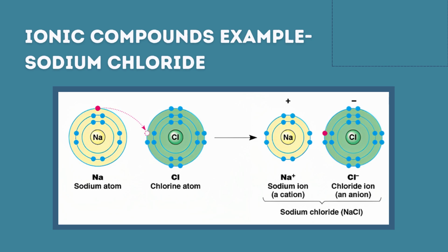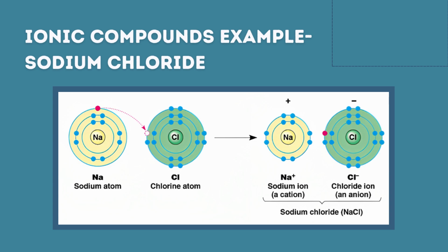This results in sodium becoming a positively charged ion, and chlorine becoming a negatively charged ion. The attractive force between the oppositely charged ions creates a strong ionic bond, resulting in the formation of a crystal lattice structure for solid NaCl.